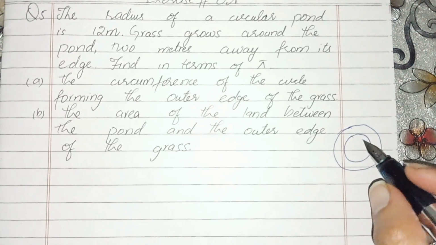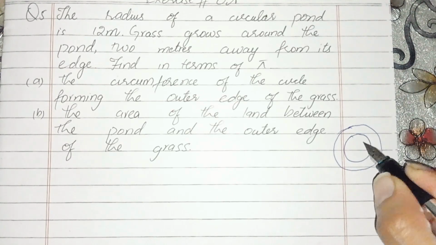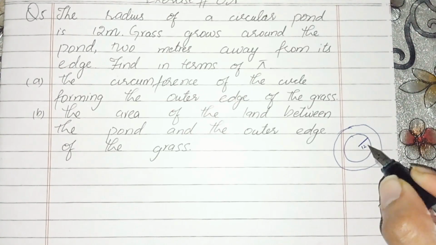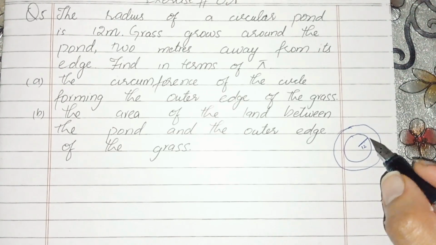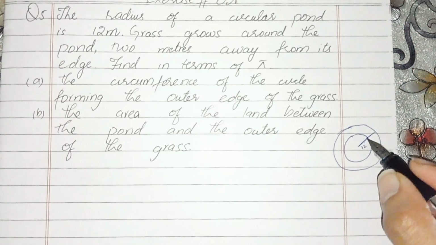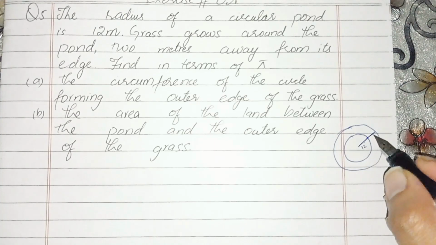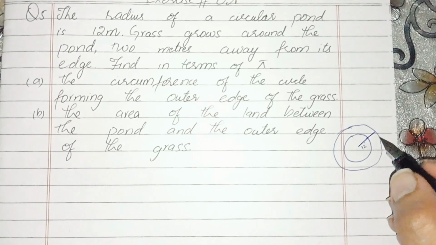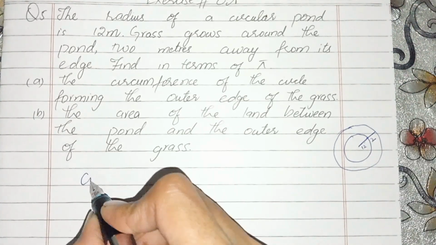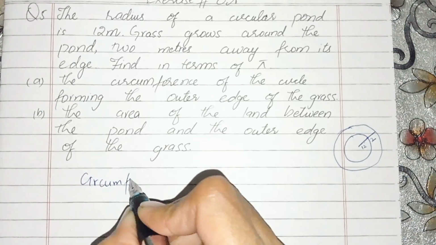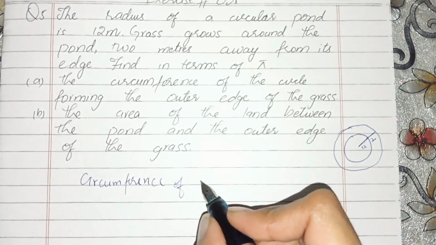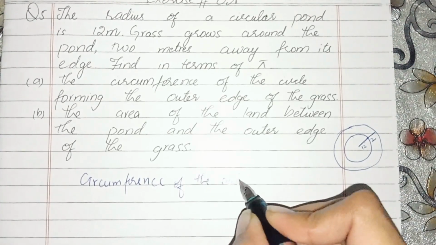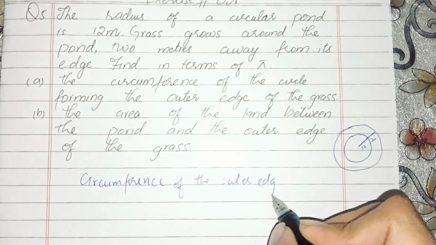And the radius of the circle pond is 12 meter. We have to add 2 meter to it, and that is the radius of the outer edge. Circumference of the outer edge.